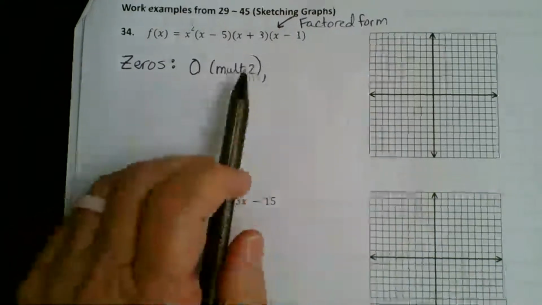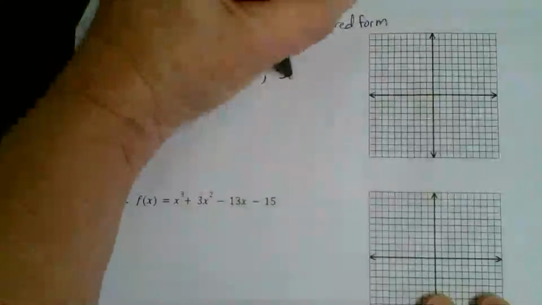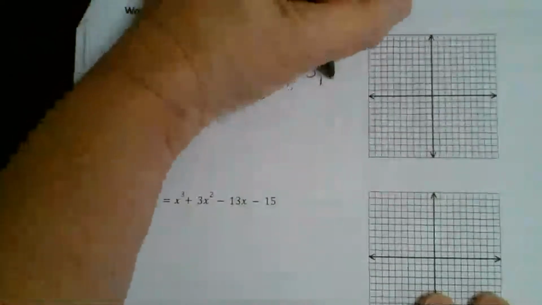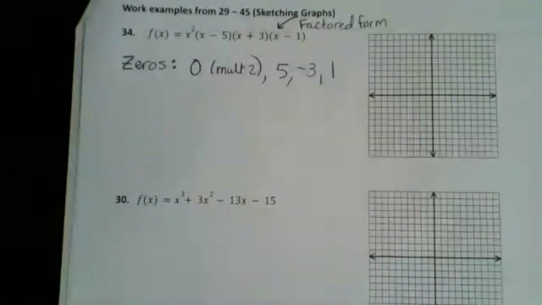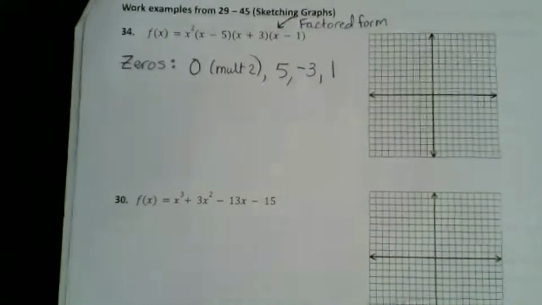Okay? Now, what other zeros do you see? 5, -3, and 1. I do not mention the multiplicity if it only happens once. If I just list it once, then you can assume it's a multiplicity of 1.